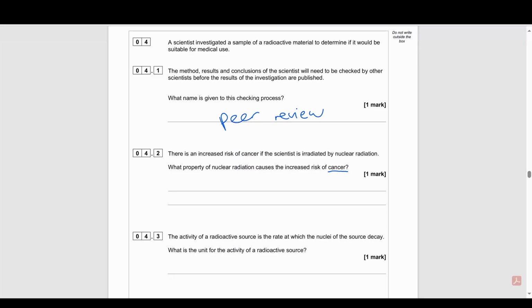DNA can be altered by this radiation, due to the DNA becoming unstable through the knocking off of electrons, and that is known as ionizing. So the fact that the radiation can be ionizing is what will lead to an increased chance of developing cancer.